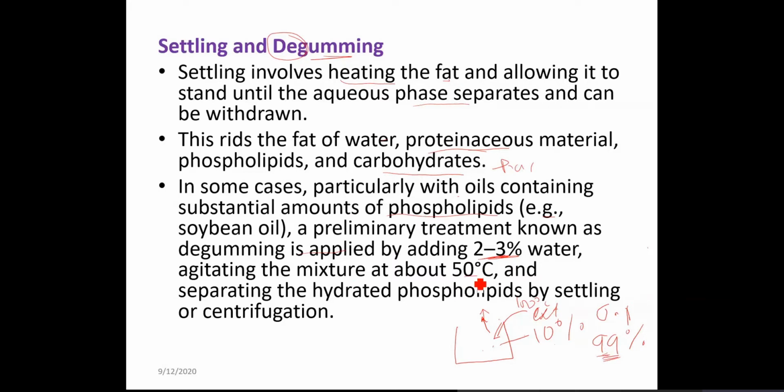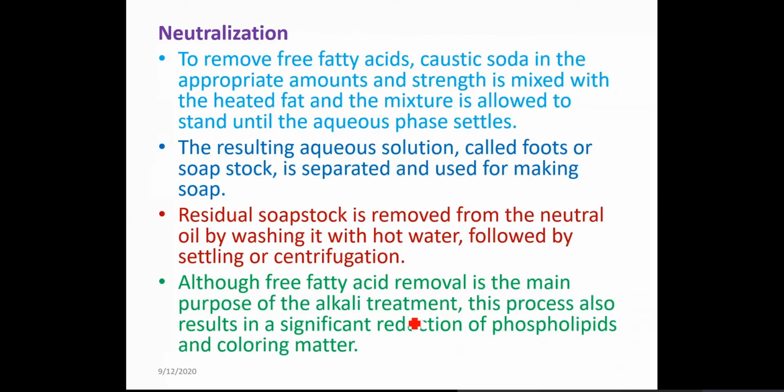This reaction is carried out at 50 degrees Celsius, and then you have phases, and you separate the hydrated phospholipid by settling or centrifugation. Two layers are formed, the oil and the phase in which the phospholipids are dissolved, and they can be separated.